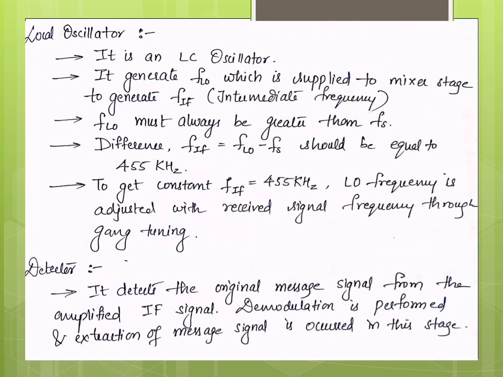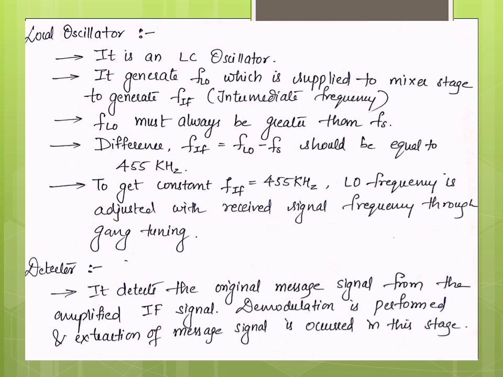Next, the local oscillator. It is an LC oscillator, that means inductance and capacitance. It generates FLO, which is supplied to the mixer stage to generate FIF. FLO must always be greater than Fs.